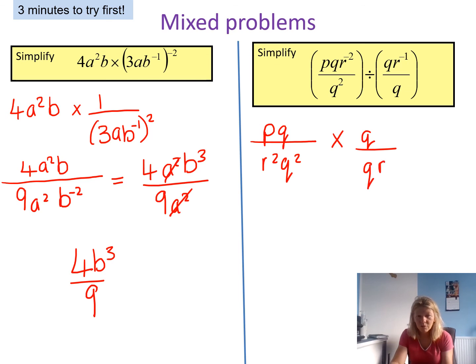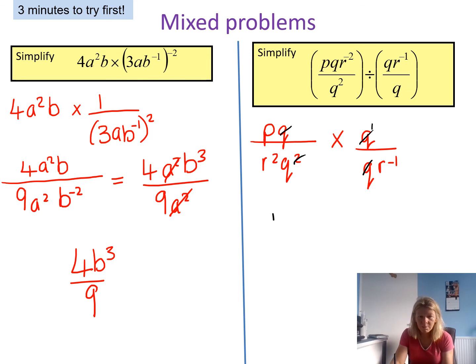I'll leave it there to not complicate matters at the minute. Right, so look what's going on here. I've got a q and a q, haven't I? Get rid of that. Goes into that once, and that goes into that once. I've got a q there, I can get rid of the squared.